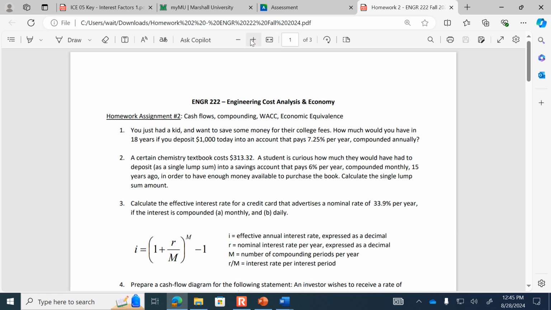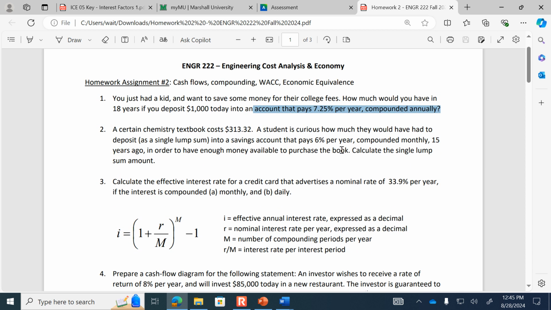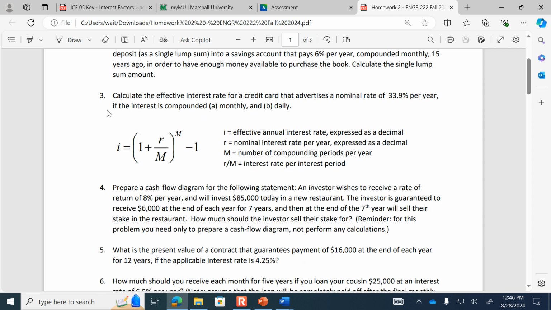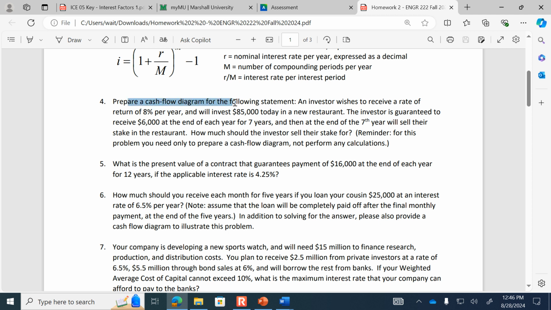All right, so this is the next homework assignment. How much would you have in 18 years if you deposit $1,000 today? So yes, this is find F given P. Calculate the lump sum. This is find P given F. Effective interest rates we've done. Prepare a cash flow diagram.